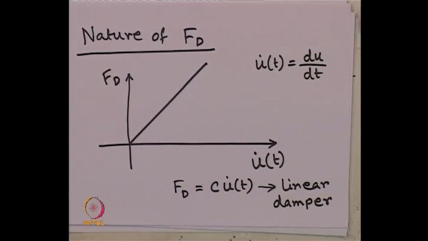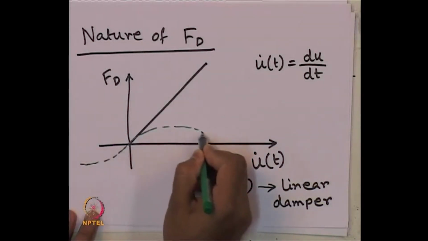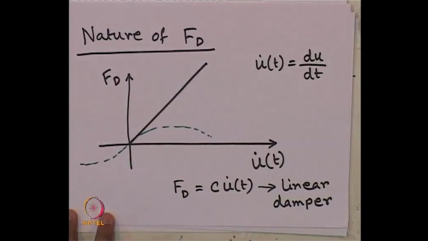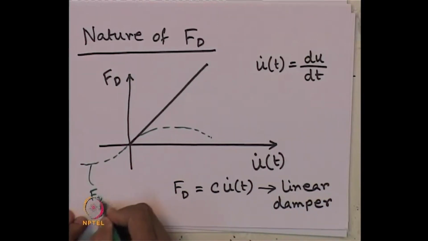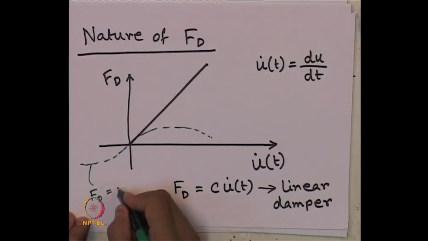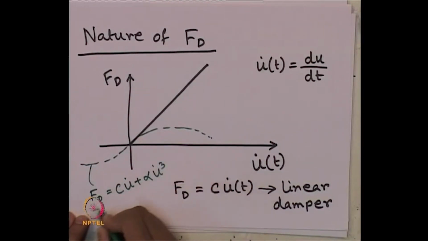But there may be several other different variations of f of d with respect to u dot, say some nonlinear variation something like this, which is pretty common in some designs, for example, chimney subjected to wind load etc. In that case, suppose f of d can have some nonlinear relationship, say c u dot plus alpha times u dot cube, something like this.